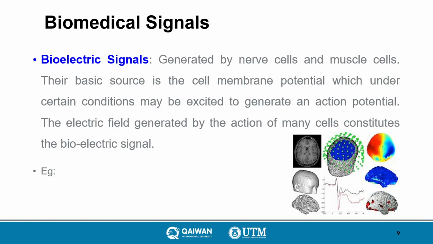The biomedical signals, bioelectric signals, as we said before, are generated by the nerve cells and muscle cells. So bio is biological, and electric, it has an electrical nature. Their basic source is the cell membrane potential, which under certain conditions may be excited to generate an action potential, said to be AP.